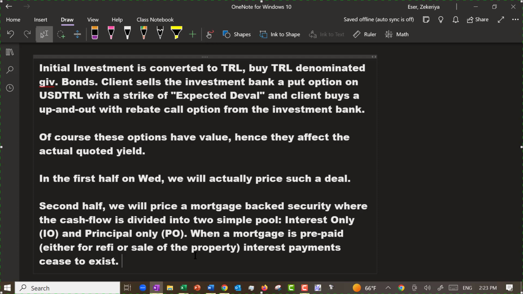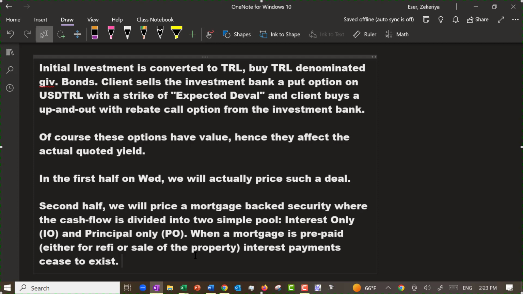The question is, how much do you pay for a cash flow that pays you only the interest component? Of course, the remaining part is the value of the principal component. And that prepayment rate is very crucial.